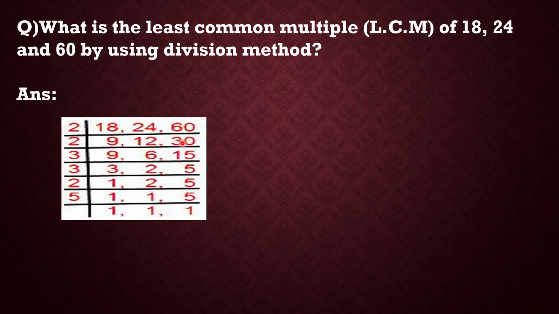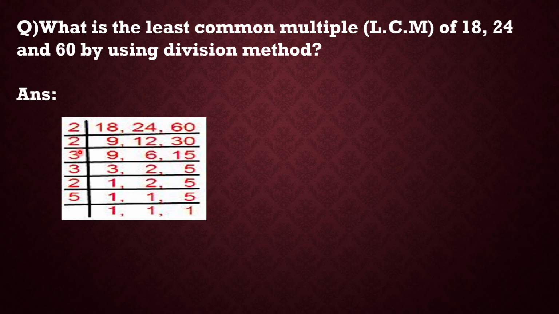In HCF, all 3 numbers must be divisible by 2, but in this case it's not like that. If even one number is divisible by 2, we make use of it. Here 2 numbers can be divided. So 9 will be written as it is, we should not change it. 2 6s are 12, and 2 1s are 2, 3 minus 2 will be 1, so it will be 10, no? So 2 5s are.